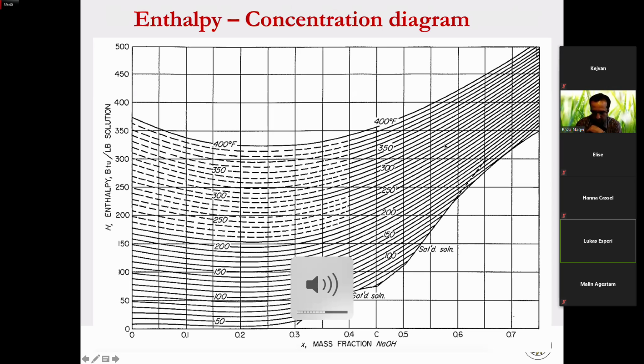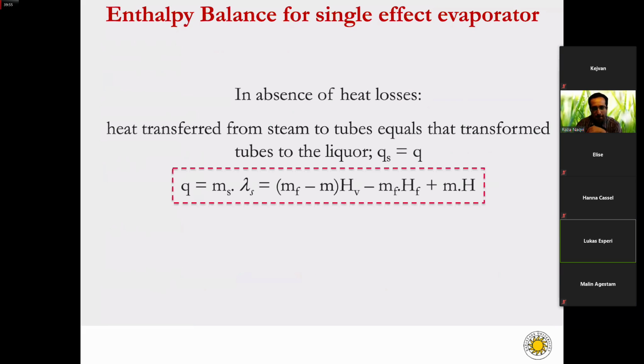I have a question about what you said before. Does it matter if, for the steam, the Q of the steam and the unit of enthalpy of condensation, is the lambda s equal to lambda for vapor in the tables?